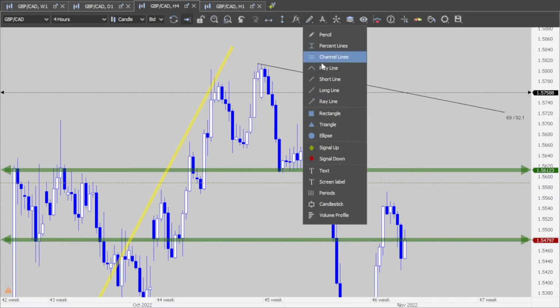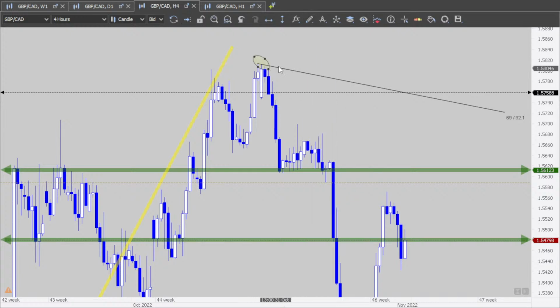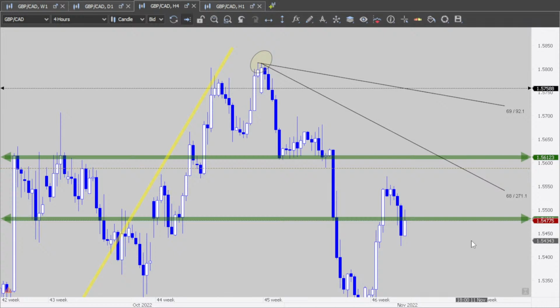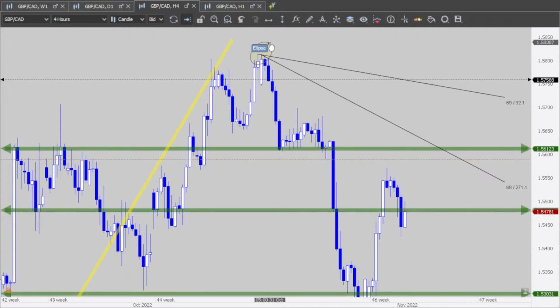Pay attention not to break this tail on the second candle up in here. Then we are going to draw another counter trend line break like this. Be careful not to break tails of the candles.